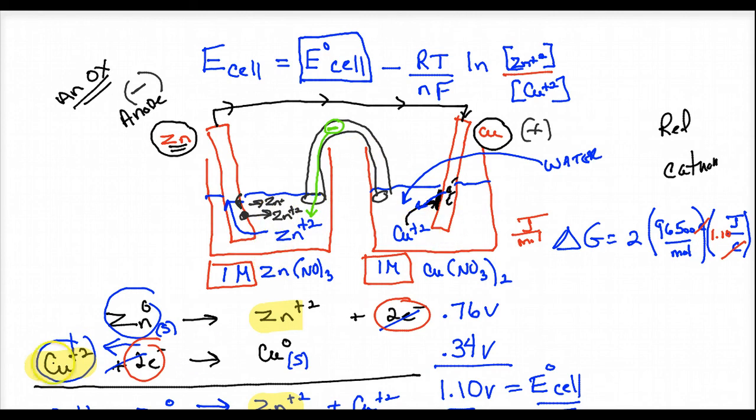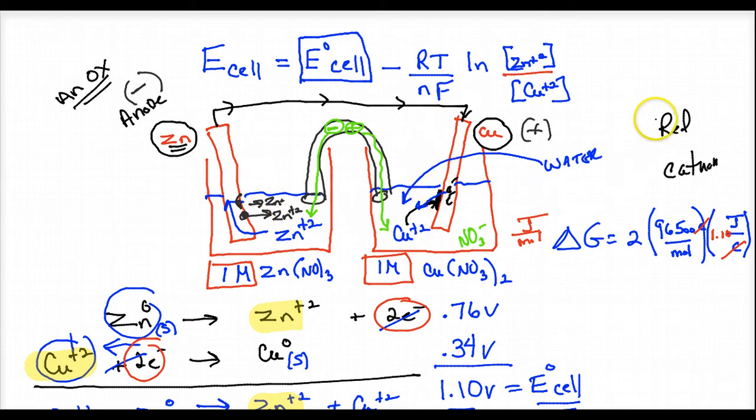Over here, we're losing copper plus 2 as it gets reduced into pure copper. So we're losing copper plus 2. So the positive ion in the salt bridge moves down to what? Counterbalance the loss of Cu plus 2. Also, the nitrate ions are negative, and they could go through here and also counterbalance the positive 2 here. So it allows ions to flow. It keeps both beakers electrically neutral so the charge can flow.